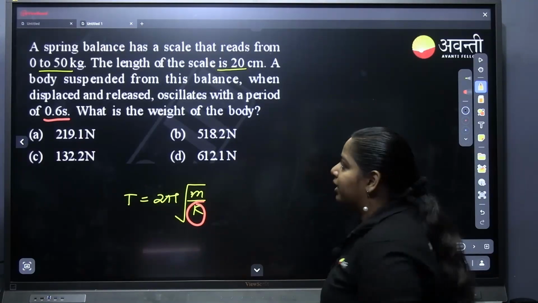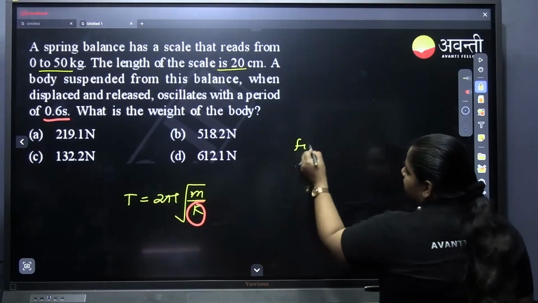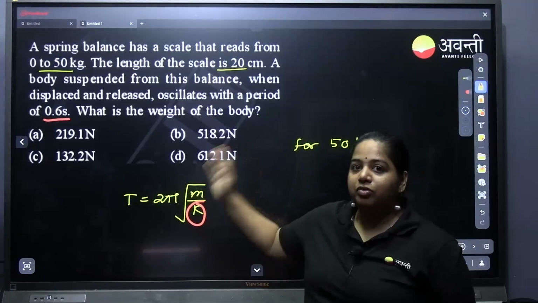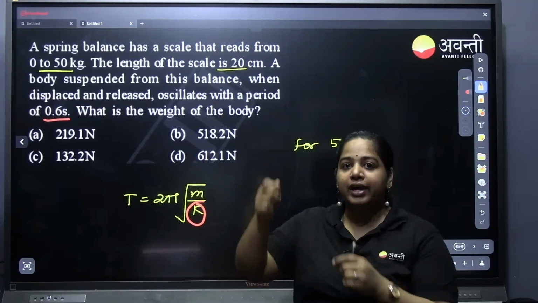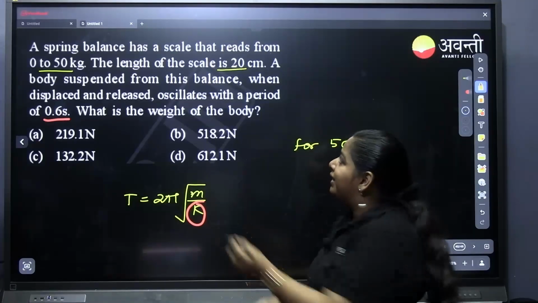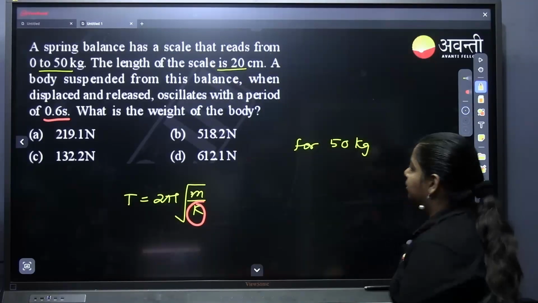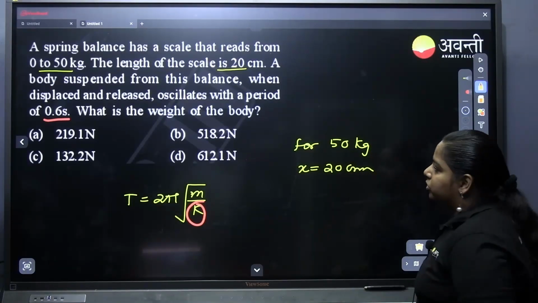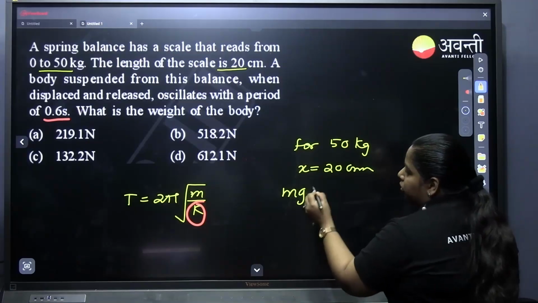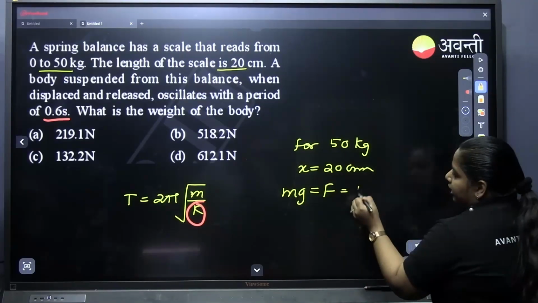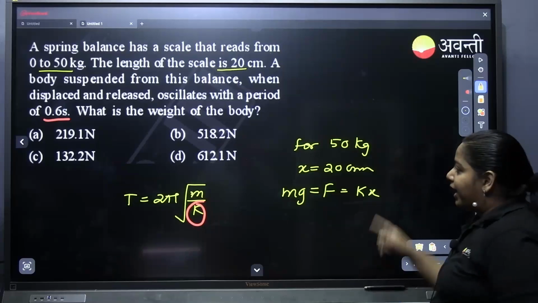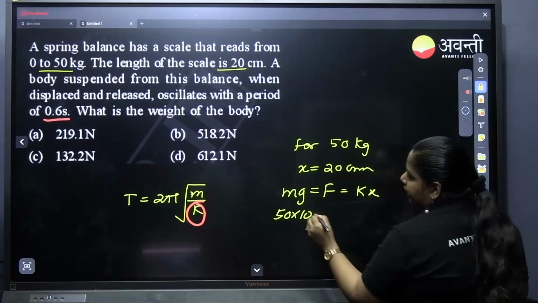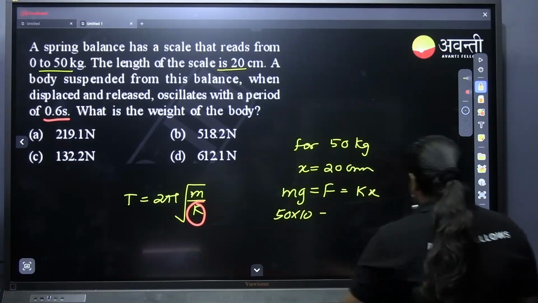From that you can find k. It can vary from 0 to 50 kg, which means at 50 kg it will have maximum extension. Maximum extension is 20 centimeter. x is equal to 20 centimeter. So mg, the force, equals kx. Just substitute x equal to 20. mg is 50 into 10, or rather better take 9.8.